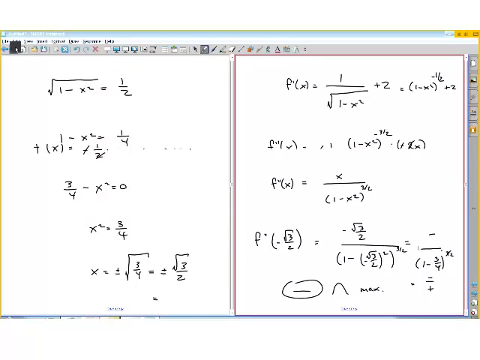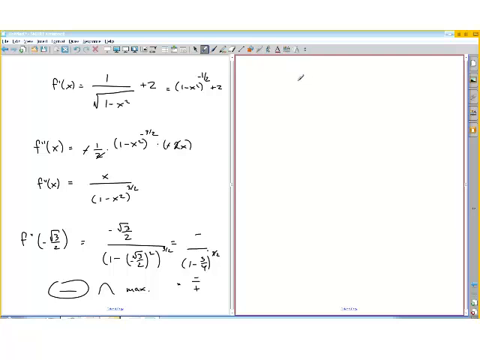So if we look at the other case, which is the other solution for the first derivative, when x equals plus the square root of 3 over 2, how does it change? Well, if we look at f double prime of positive the square root of 3 over 2, the numerator is going to be positive the square root of 3 over 2, so that's positive. And the denominator is still going to be positive, because when you square this, you're going to get 3/4, and you get 1 minus 3/4, which is a fourth.